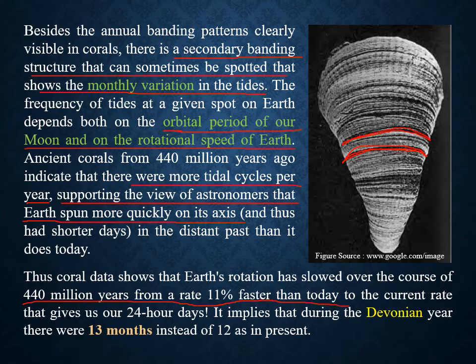And due to this faster spinning around its own axis during Devonian time, there were 13 months within a year. And from that, it was also estimated that the rotational speed of Earth around its own axis has been gradually decreasing from Devonian to the present day.